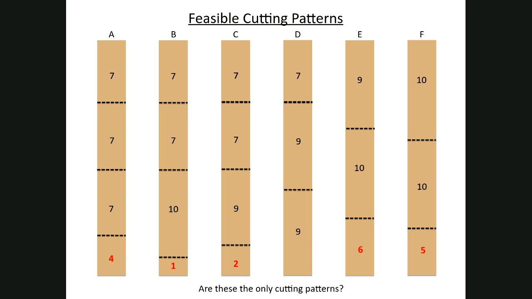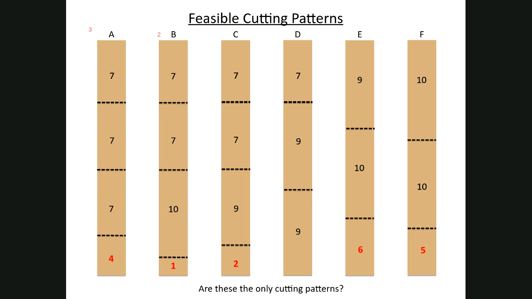So if we use pattern A, how many 7-foot boards are going to be cut? Well, you'll see for pattern A, there's going to be 3 7-foot boards. And for pattern B, there's going to be 2 7-foot boards. And for pattern C, there's going to be 2 7-foot boards.